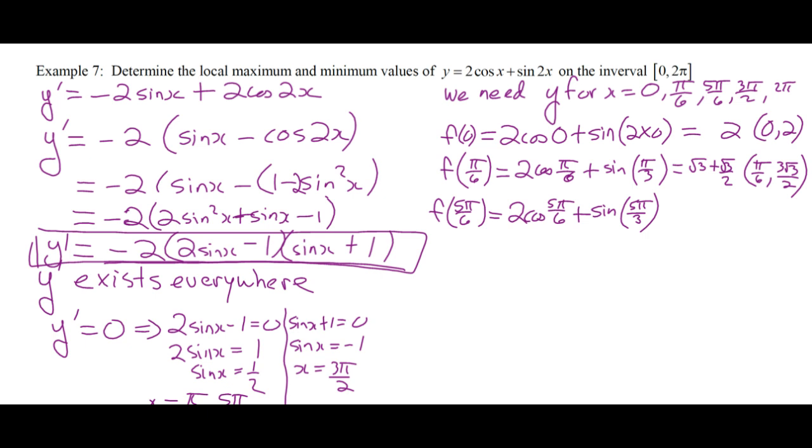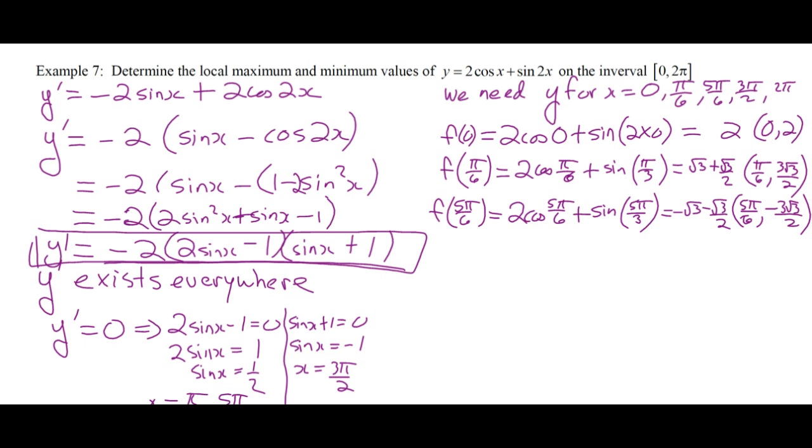So that's going to be the negative of root 3. And 5 pi over 3 is, what, quadrant 4? Pi over 3, so it's a minus root 3 over 2. So 5 pi over 6 and negative 3 root 3 over 2.